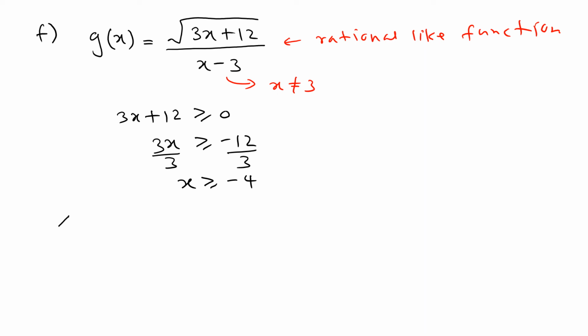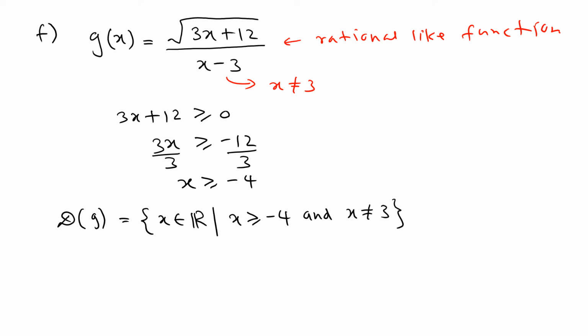So in set builder notation, it is x, a real number, such that x is greater than or equal to -4 and x is not equal to 3. Now the question is how to draw this.